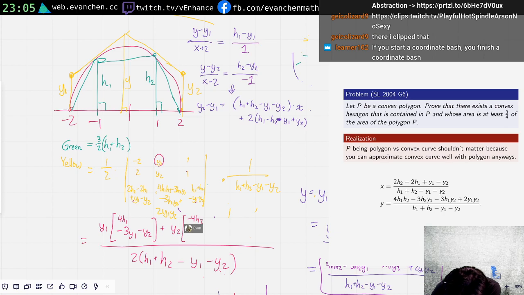This should be symmetric, right? Ish. Wait, I think I'm not doing that right. I flipped the sign somewhere. Minus 2h1. Oh, Lord.